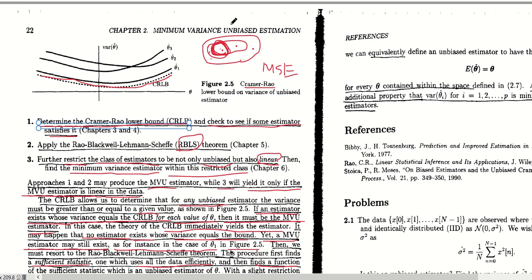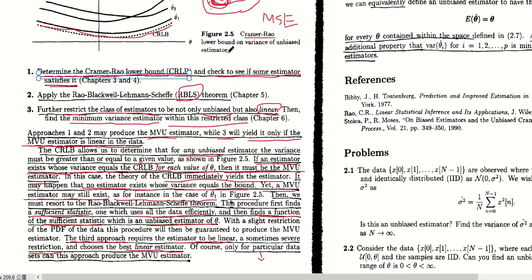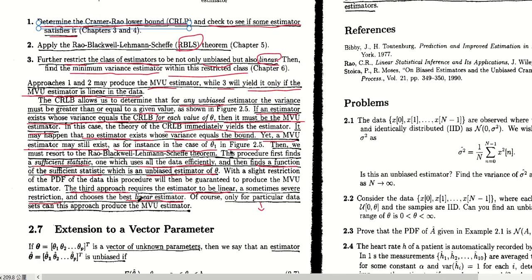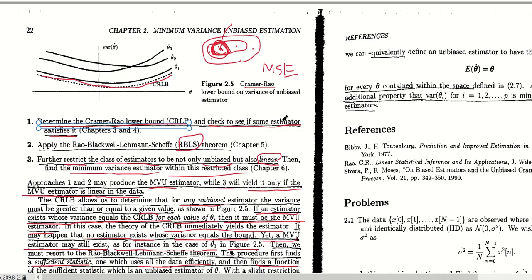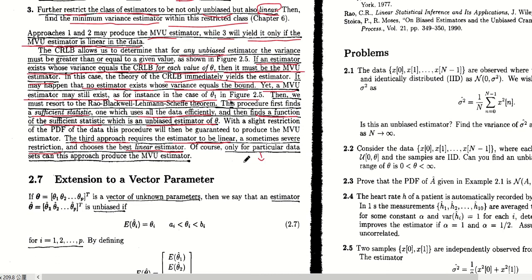But if the MVU happens to be in that region, then we will be able to find it by making linearity assumptions. But it may not always work, because a good estimator may not exist in that region. It could exist somewhere else. So only for particular data, meaning that it's linear, can this approach produce the MVU estimator.